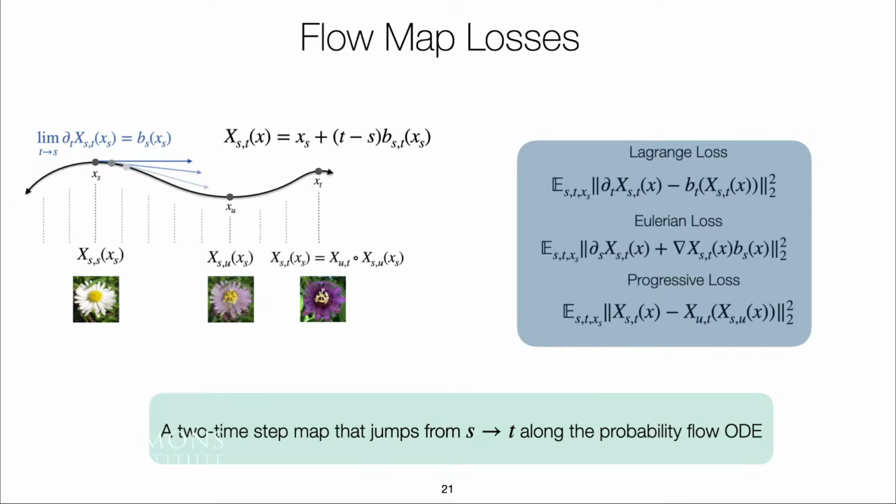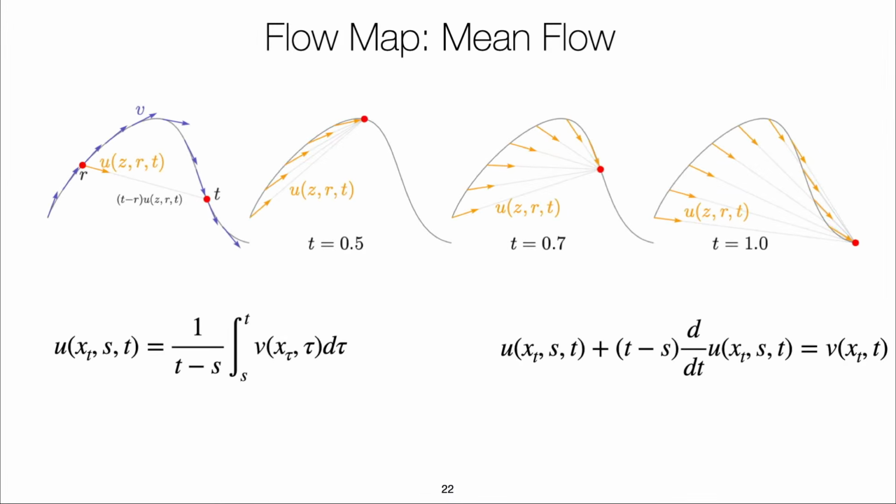You start at time 0, jump to time 1, and you have generation. And here's a visual example of what's happening, where you learn how to take this displacement U, which is this big jump from R to T. And that's what's called the mean flow identity, if you're familiar with the literature. And the mean flow is just an example of a flow map, and this is probably one of the more popular examples of a flow map.